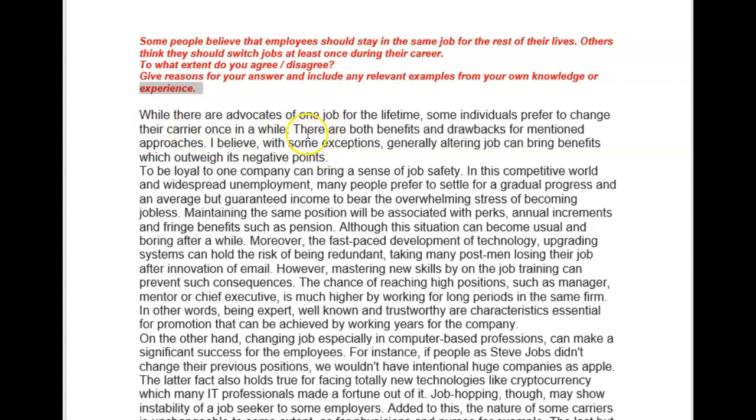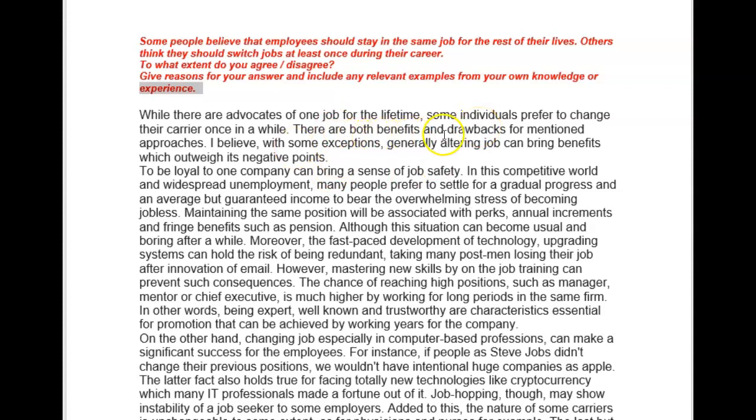Here's what I suggest. "There are both benefits and drawbacks for the mentioned approach." Now, look what's wrong with this. Which mentioned approach? Both of them, you mean? There are benefits and drawbacks to both. So why don't you say that instead?